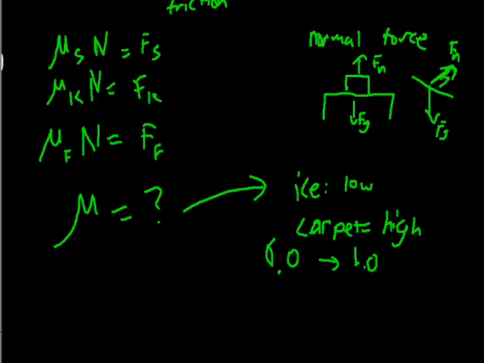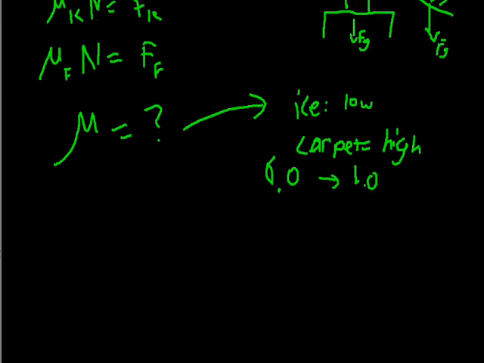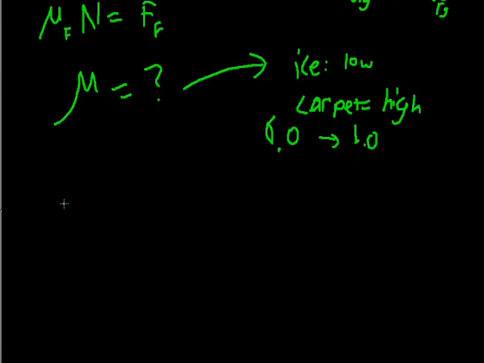So friction is very important because unless something says it's a frictional surface, we have to always assume that there is friction.